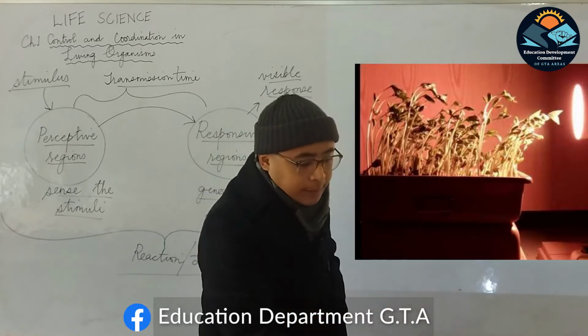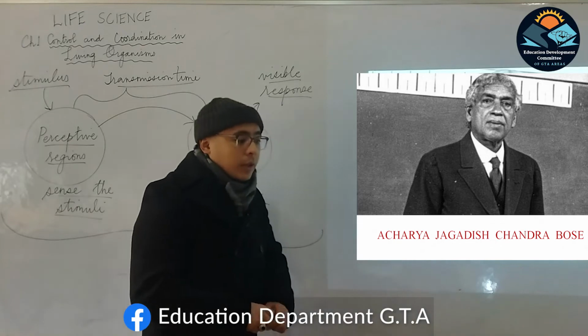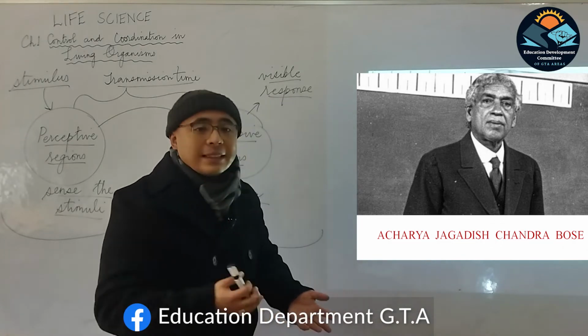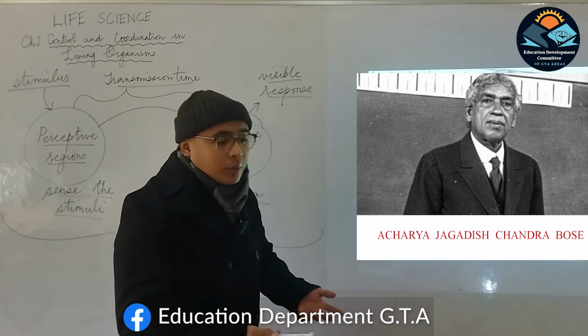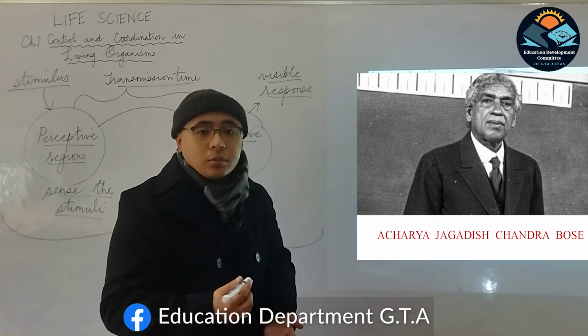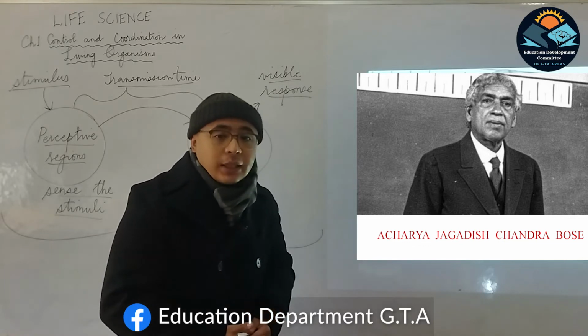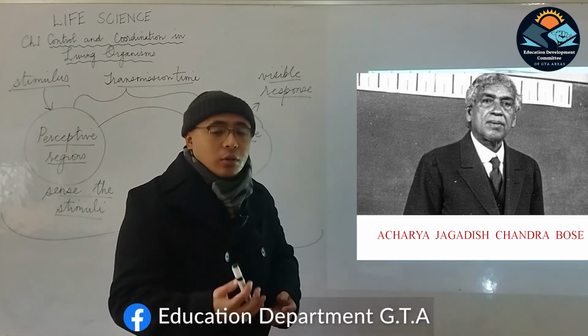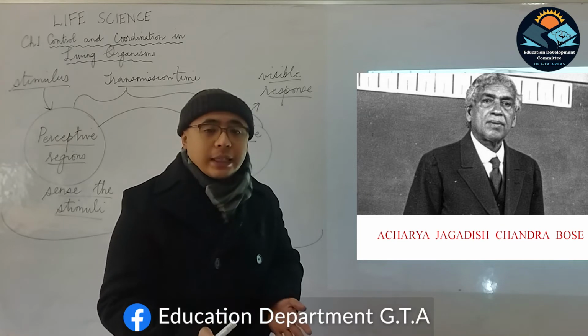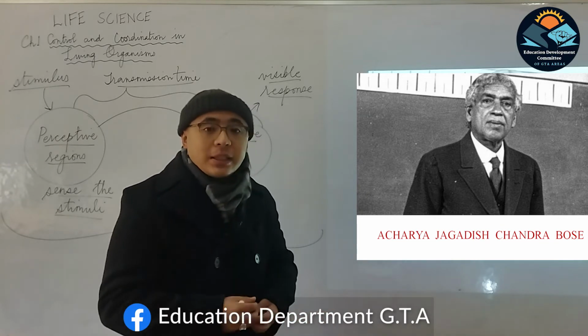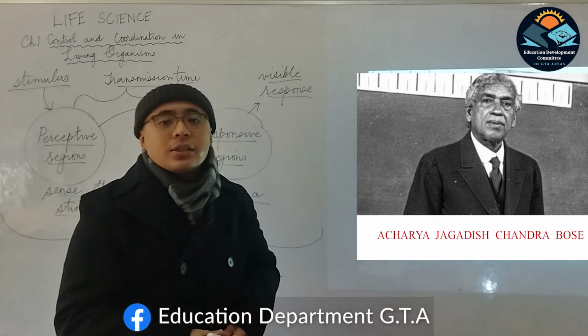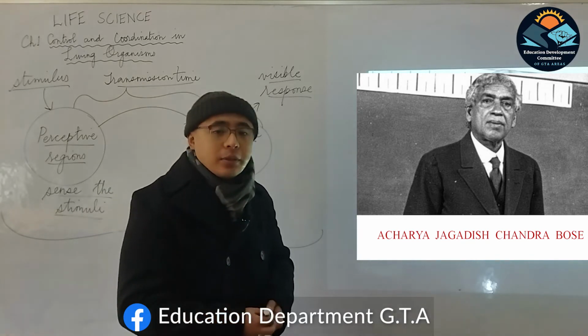Now moving forward, we have to discuss a very important person with regard to sensitivity in plants. The person that we are going to discuss is Acharya Jagadish Chandra Bose. He was the first person to discover, through his experiments, that plants were also sensitive to different types of stimuli.